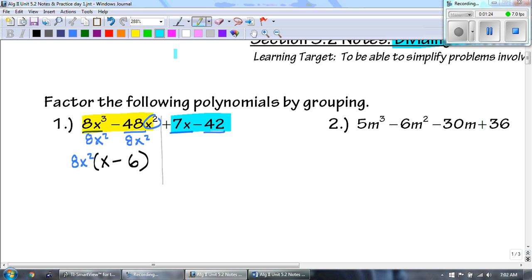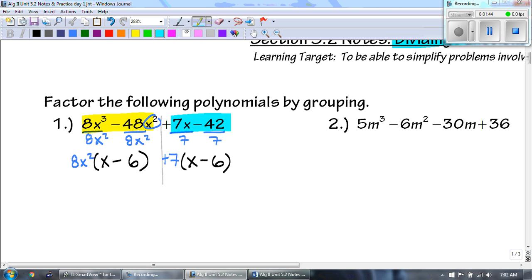So now I want to do the same thing with the back group. They both don't have x's, but I can take out a 7, and it's a positive 7. 7x divided by 7 is x. 42 divided by 7 is 6.